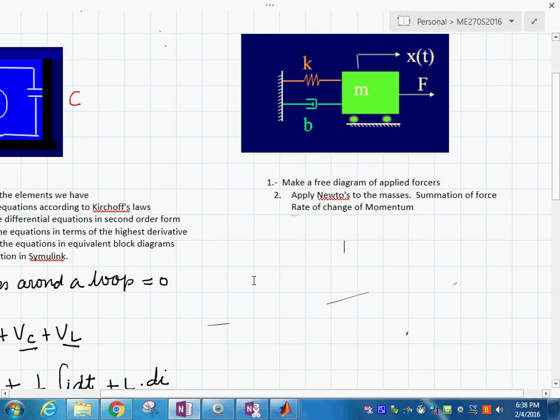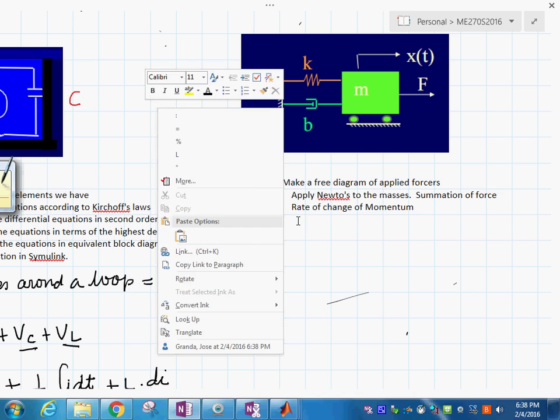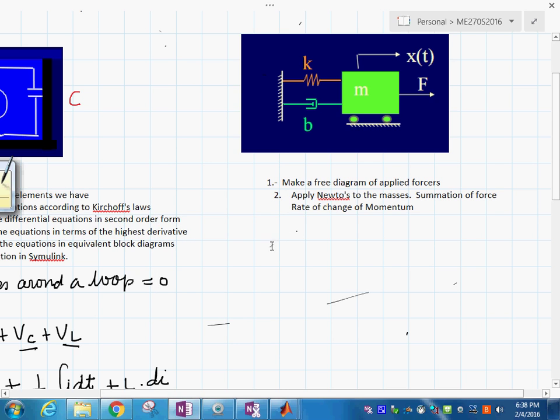We will go ahead and apply this, and see here the summation of the forces. In here we have the free body diagram. I'm going to give some room so we can write over there.